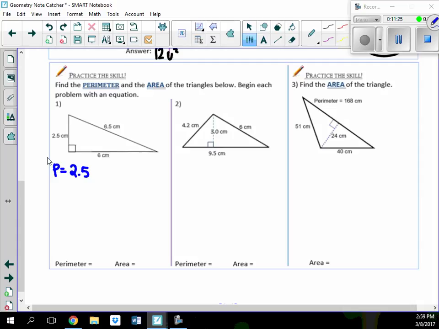And then we are going to add this side, and then we'll add this side. Okay? So 2.5 plus 2.5 plus 6, and then plus 6.5. Awesome. And what would we get when we add all of those together? 15. Yeah. So for our perimeter, we should have 15 centimeters.